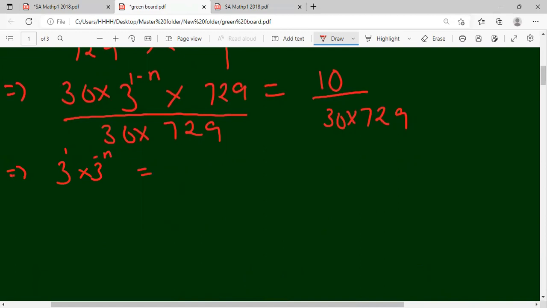This is equal to 10 over 30 times 729. We can divide 10 into 10 to be 1, and 10 into 30 you get 3.